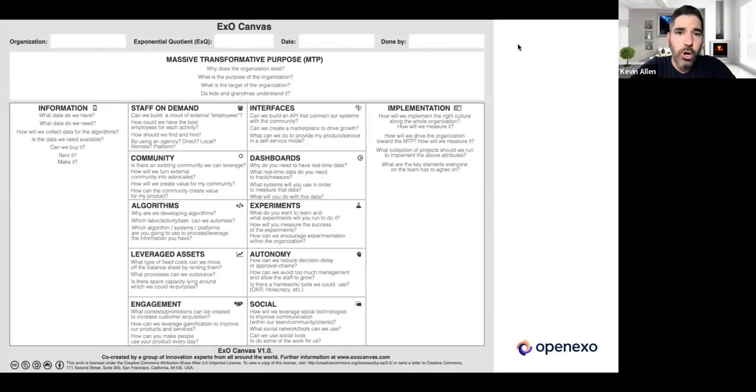And then in terms of all the attributes, what you do want to do is complete the canvas for current state for all of the attributes, answering all of the questions in the EXO canvas, going through everything for the current state, and then that opens up the ability for a discussion to look at the next state, the future state, which is let's focus on 4 attributes.